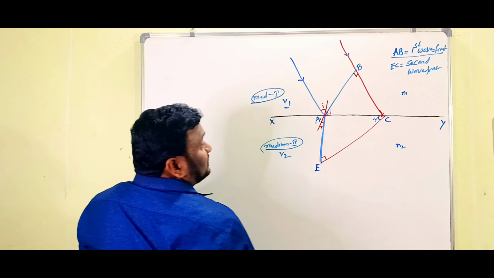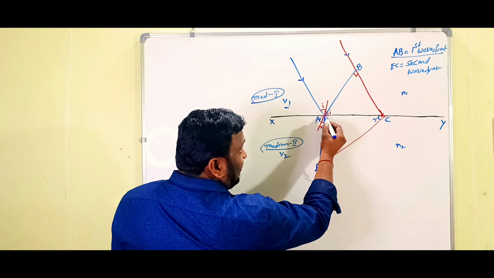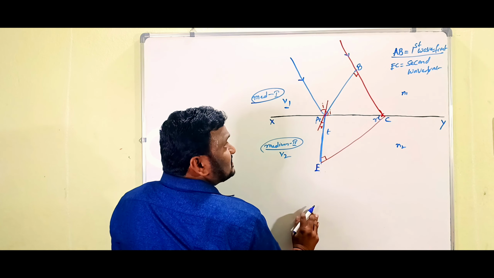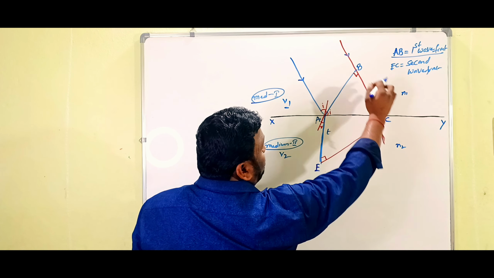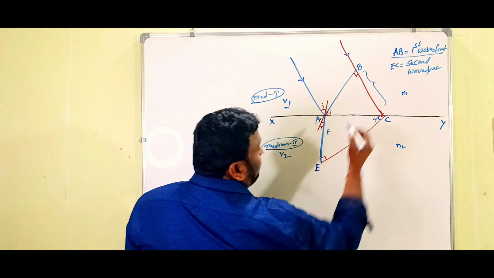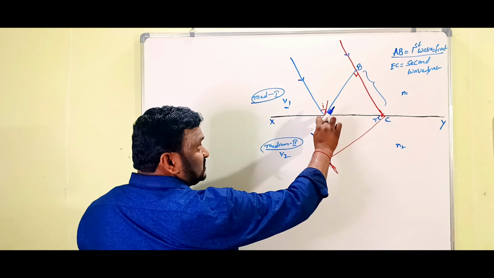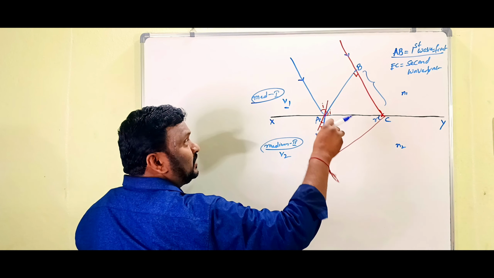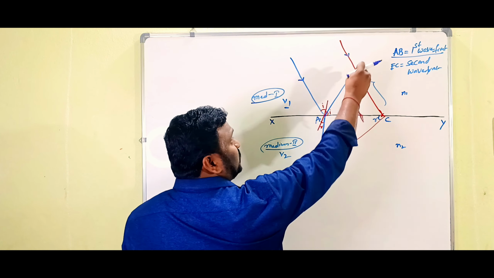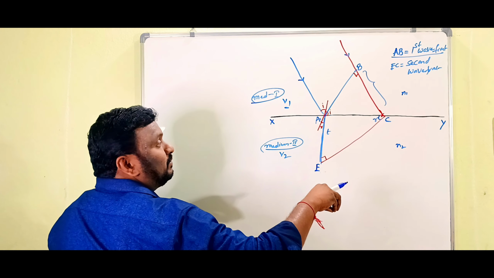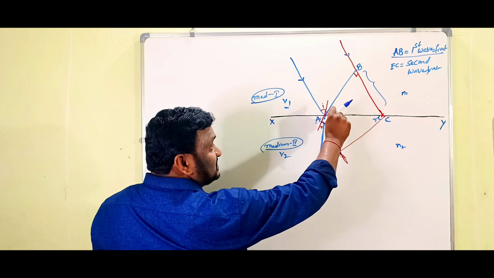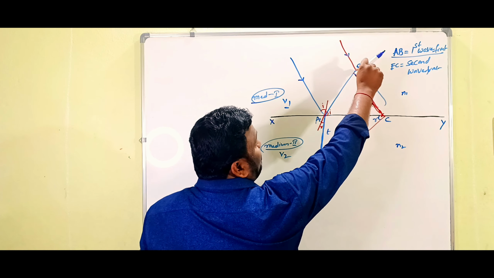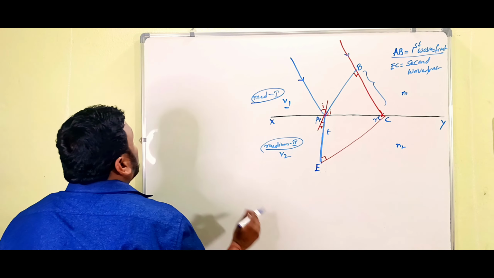That's why the light coming from A to E will take some time T. Within the same time the light comes from B to C. Clear? The distance traveled by light from A to E must be equal to the distance traveled from B to C. That's how to remember it.